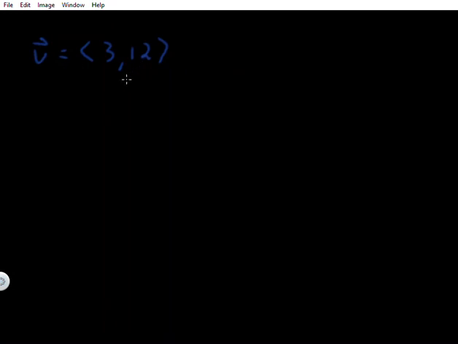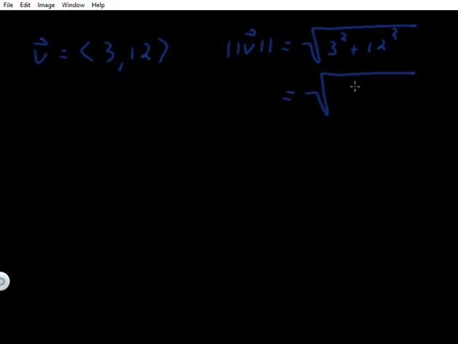So to do this, all we have to do is first find the magnitude of vector v, which in this case is the square root of 3 squared plus 12 squared, which is the square root of 9 plus 144, which is the square root of 153.